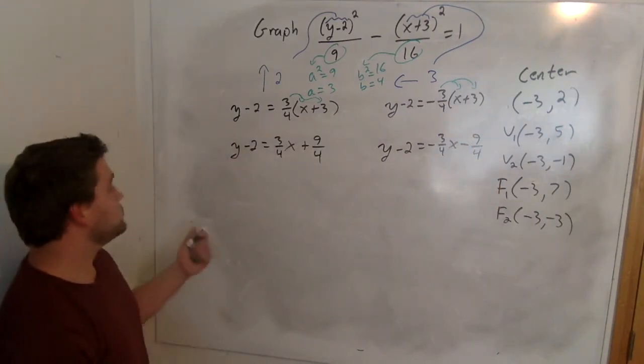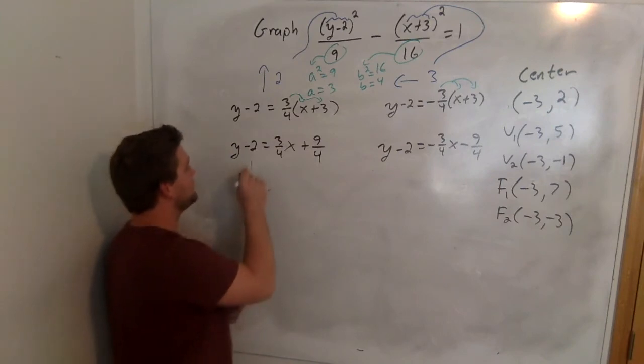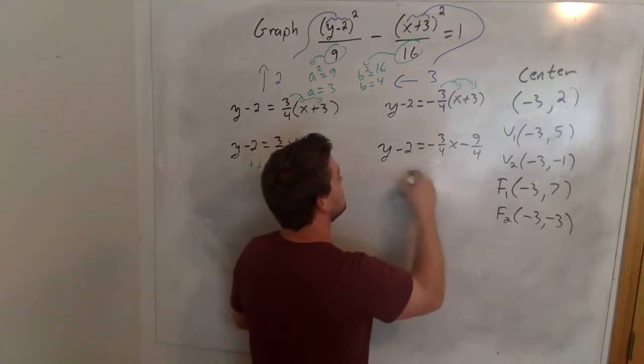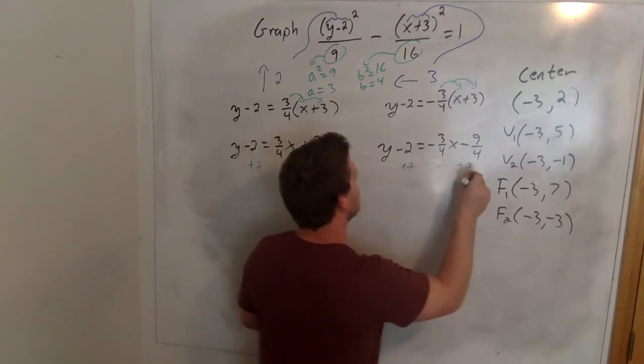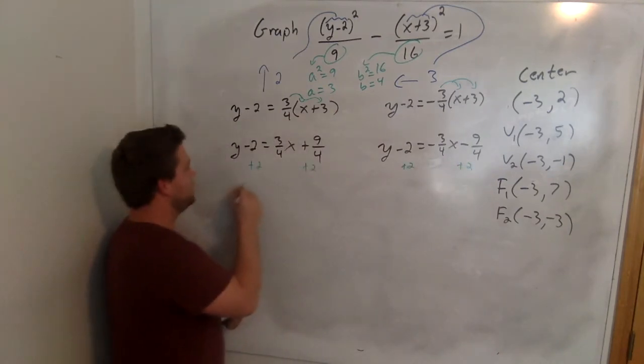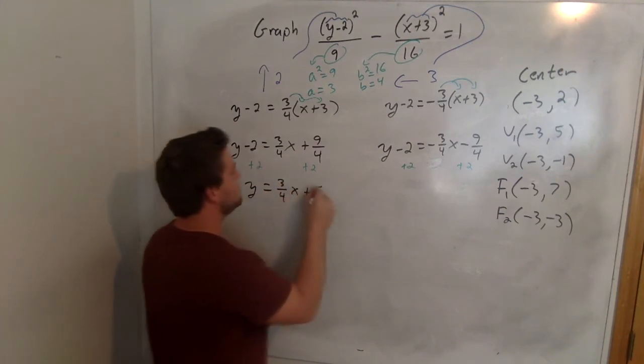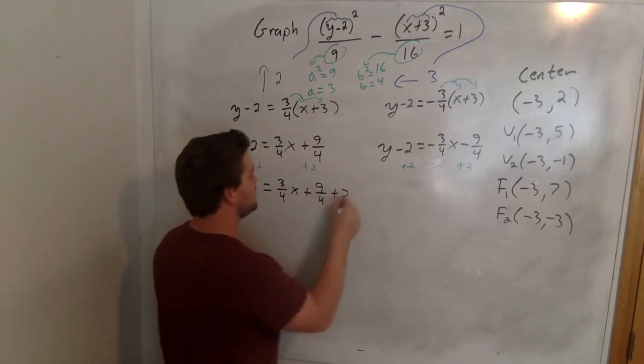Okay, looks like we'll just add 2 to both sides. So we'll get y will be equal to 3/4 x plus 9/4 plus 2.